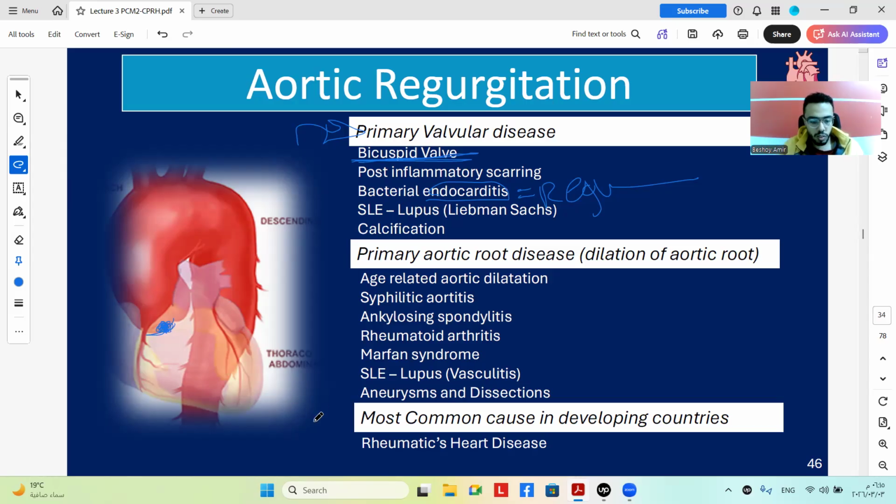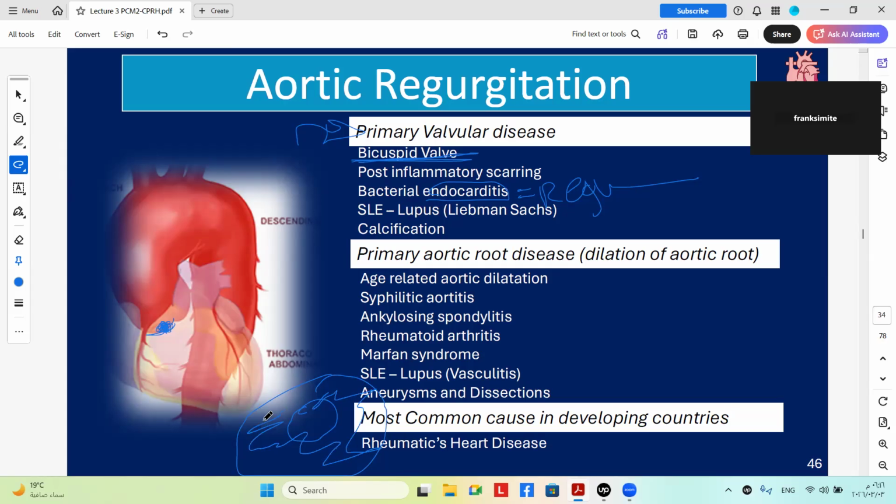So a valve affected by endocarditis would have pores. That's the definition of regurgitation. So bacterial endocarditis causes just regurgitation, no stenosis, just dissolving some pores in the valve and making it porotic. So it's a sort of regurgitation. Systemic lupus, calcification.